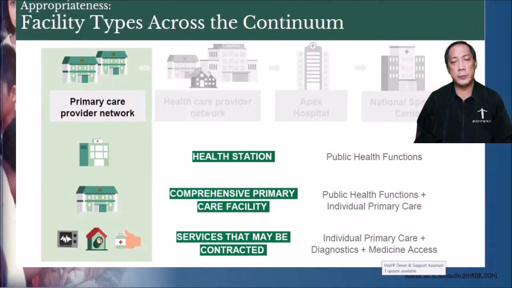So if we embrace the universal health care reform agenda, then we will have these new facility types, such as the health station, the comprehensive primary care facility, and services that may be contracted, among other types. And of course, if you know the types, you know what your students' future role will be. And you should be able to readjust your courses so that they will be ready for this new, revised structure of healthcare delivery.